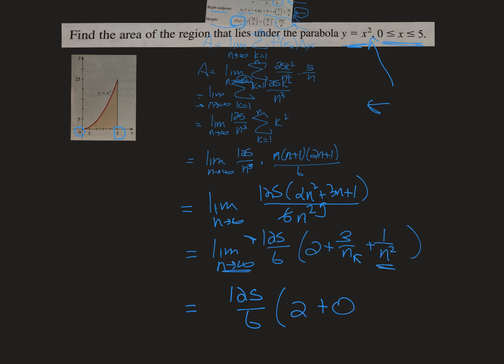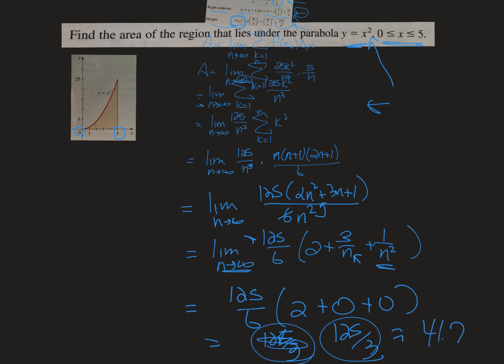Because n's on the bottom is going to infinity, that's a 0. Which gives me 125 over 6 times 2, which would be 125 over 3. That's the area. Which is about, by the way, if you punch it in your calculator, about 41.7.